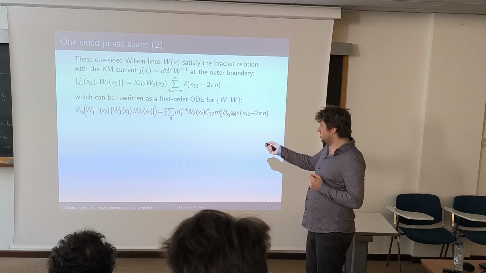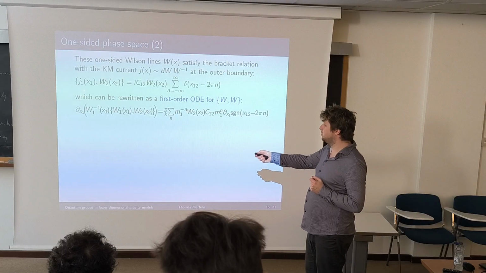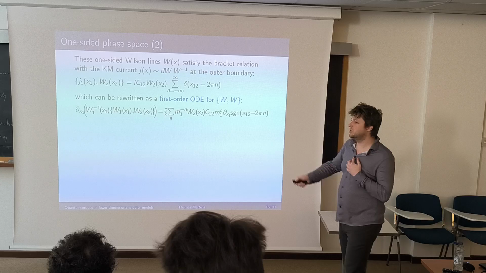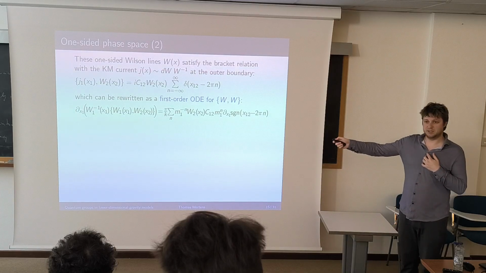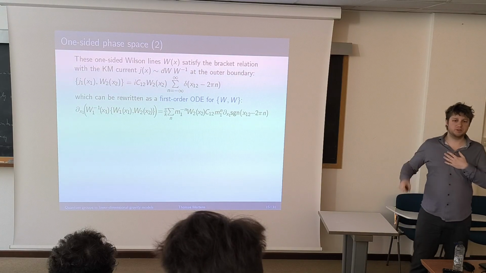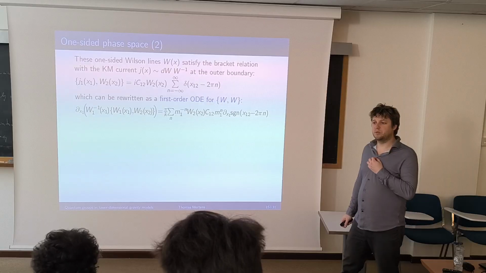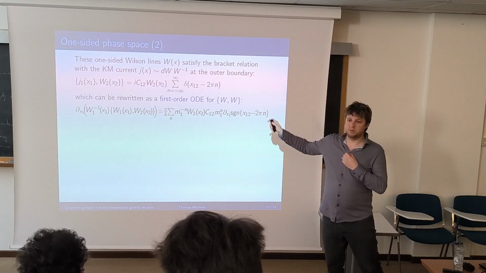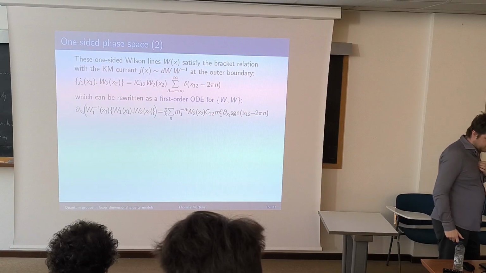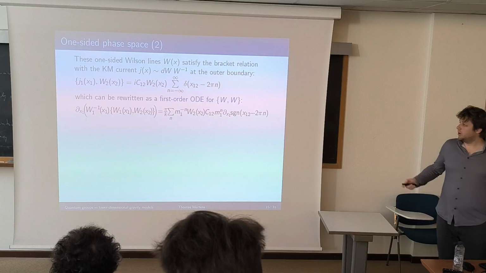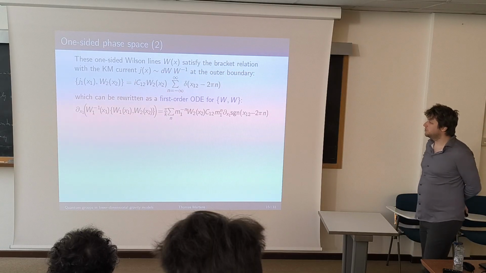And this is just a textbook relation. This Kac-Moody current has a Poisson bracket with these W's given by this. If you want, this is just a relation you find in the CFT textbook of the current with the group element G. This is the same relation. So it's given by this type of relation.